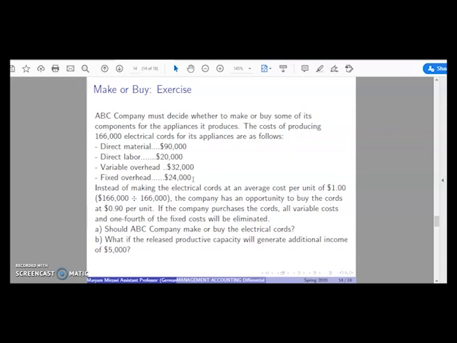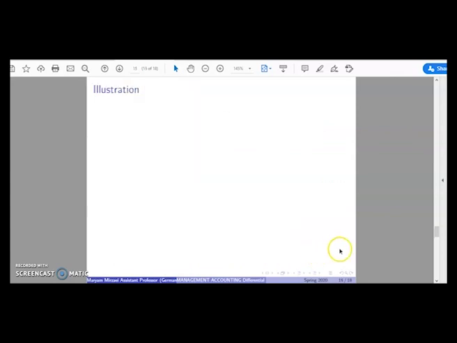So first of all, we want to calculate the cost for make and buy on the original data, and second part, what will happen if released productive capacity will generate additional income of 5,000, means that we will have some opportunity cost that we need to consider.